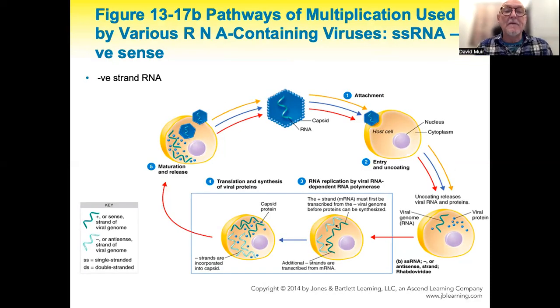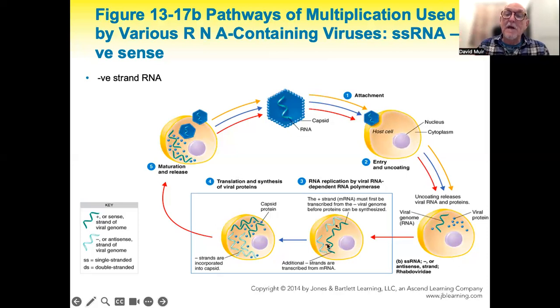It's the same thing in the negative strand RNA viruses. It's a very similar process: attachment, then entry into the cytoplasm. The capsids are disassembled. Now we have a negative strand, and what it does is produce positive strand in order to act as messenger RNA to produce the viral proteins.